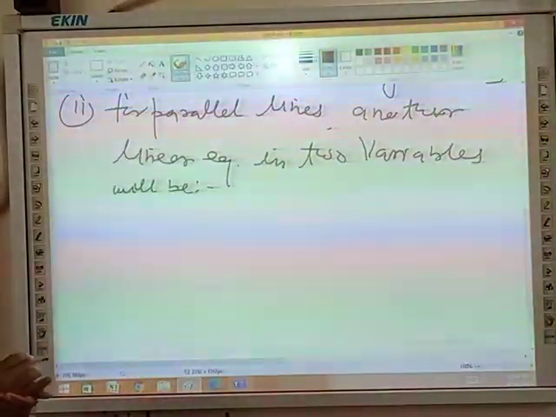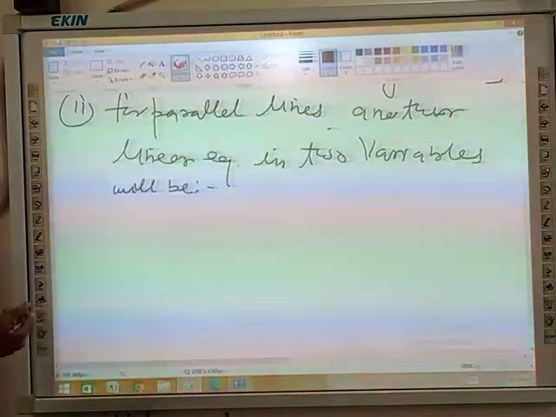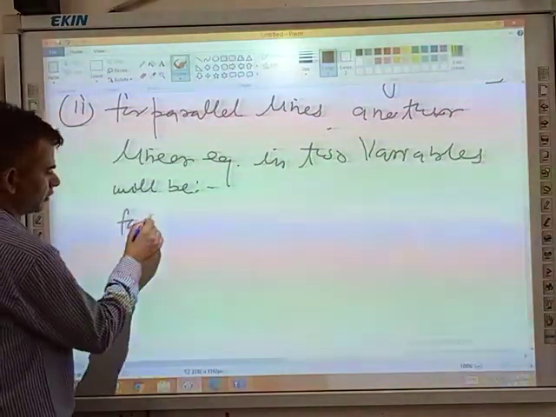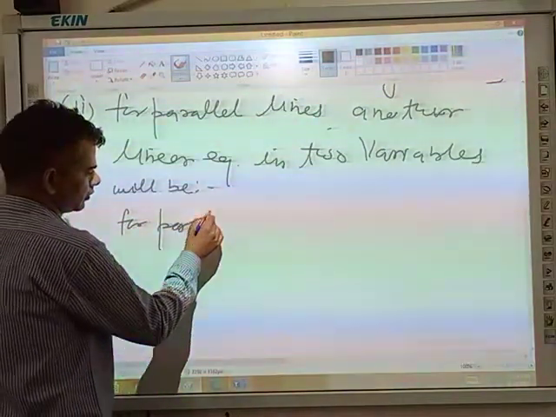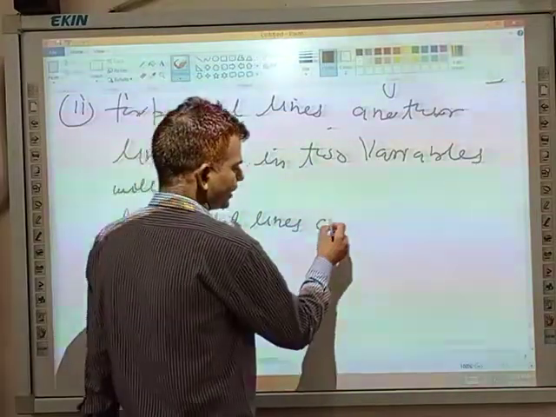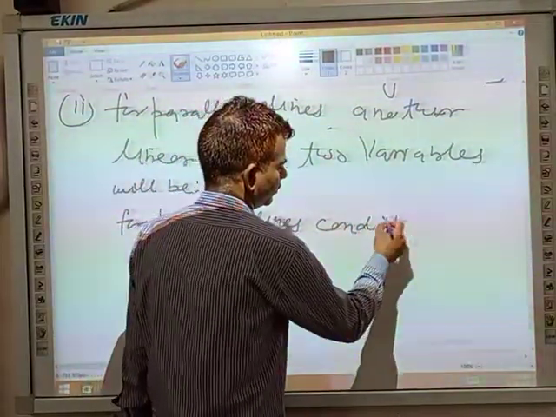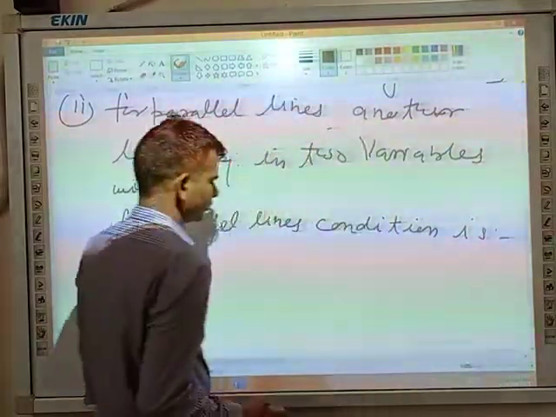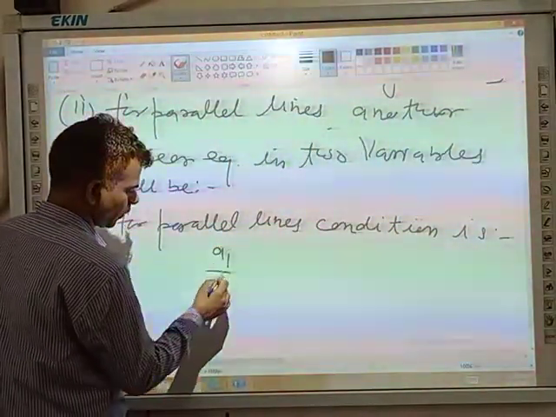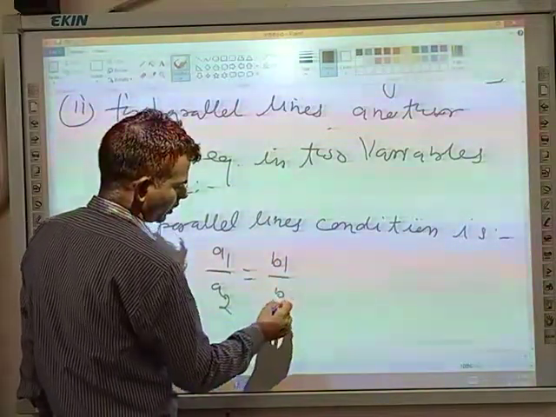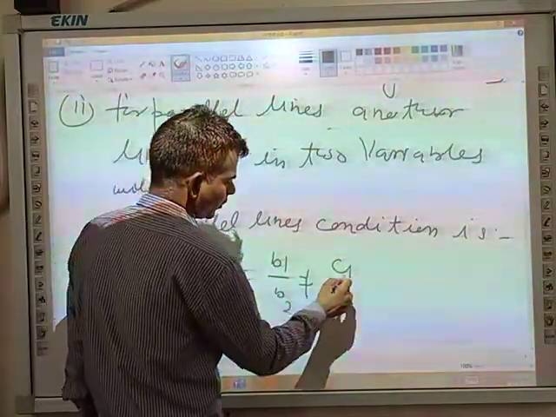For parallel lines the condition is A1 upon A2 is equal to B1 upon B2, which does not equal C1 upon C2. Very good, students. Not equal to C1 upon C2.